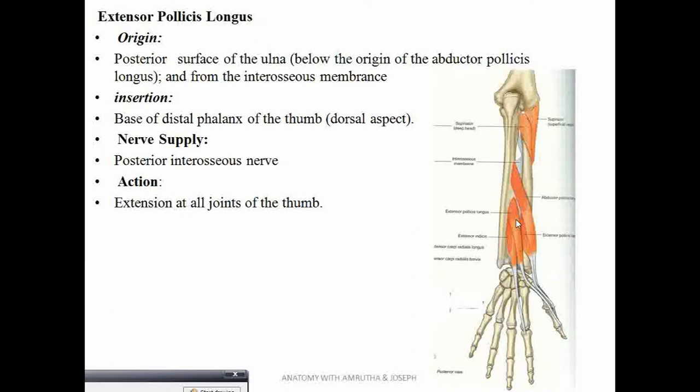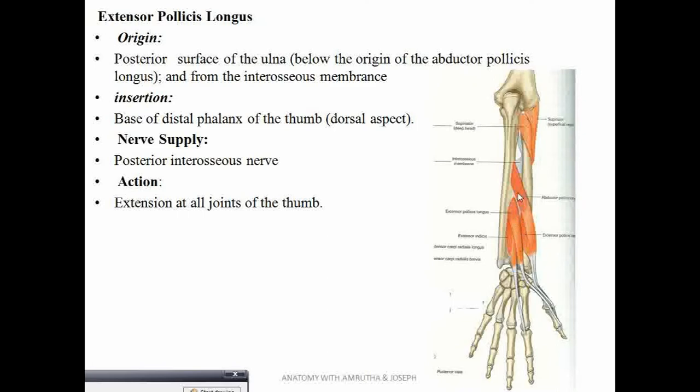Action, extension at all joints of the thumb. It can act on metacarpophalangeal joints, interphalangeal joints, carpo-metacarpal joints. Now there are three muscles which are going to the thumb: abductor pollicis longus, extensor pollicis brevis, extensor pollicis longus.